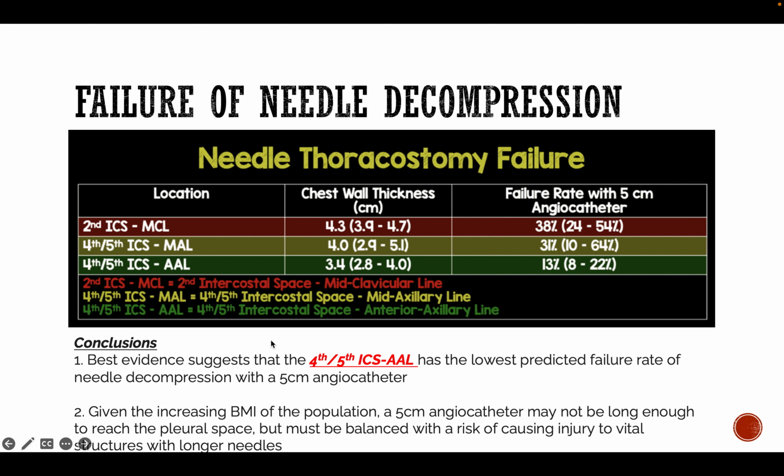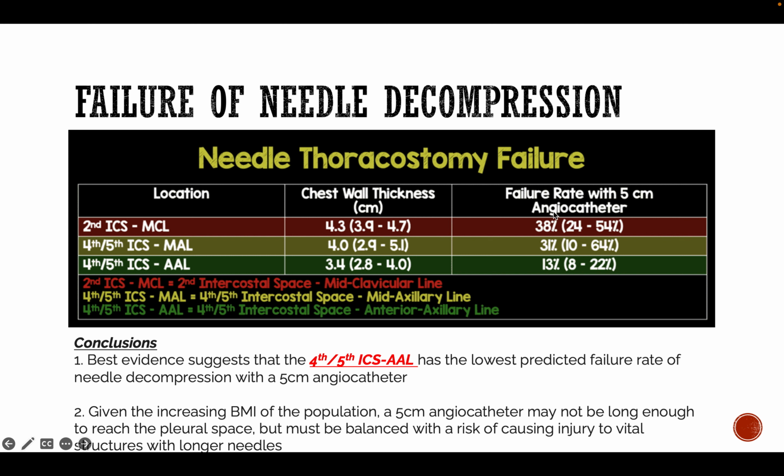The best evidence comes from a paper out of the Mayo Clinic that showed that the 4th or 5th intercostal space in the anterior axillary line has the lowest predicted failure rate of decompression if you use a 5-centimeter angiocath catheter. Given that patients' obesity has grown over the past several years, it's not unreasonable to choose this space if you're trying to obtain a low failure rate.